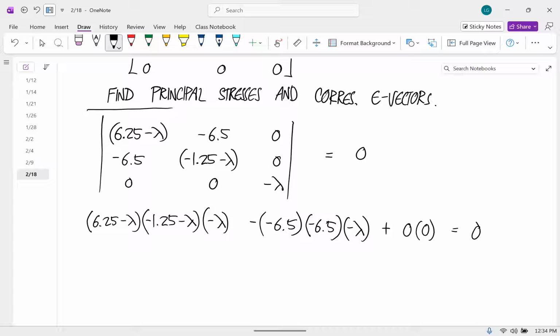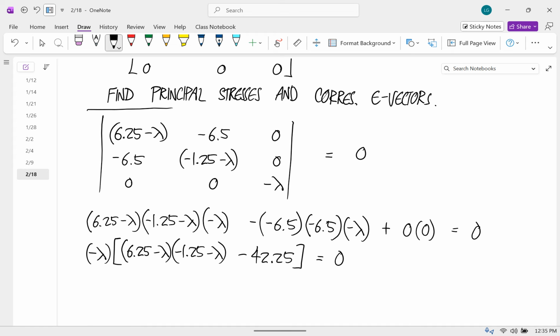And if you multiply this all out, you can pull a negative lambda out. And you have this times the quantity 6.25 minus lambda times the quantity negative 1.25 minus lambda minus 42.25 is equal to 0.